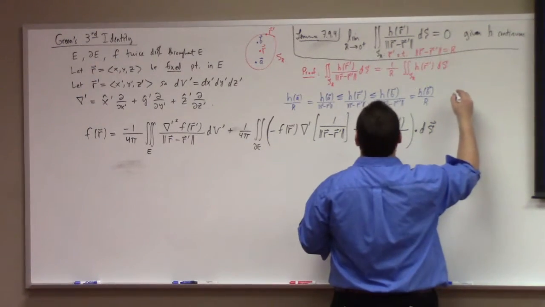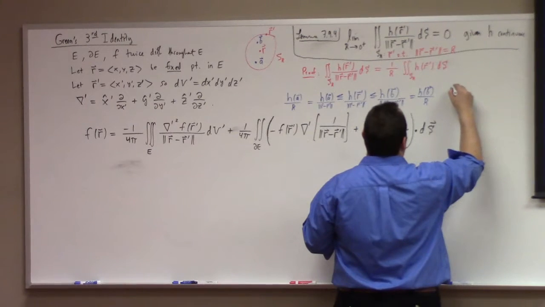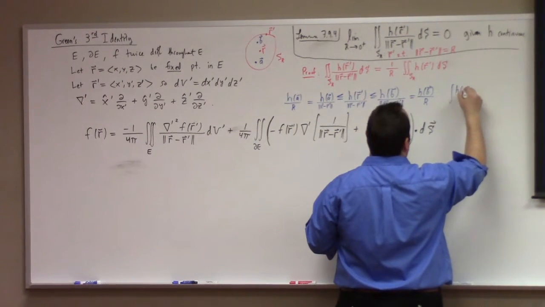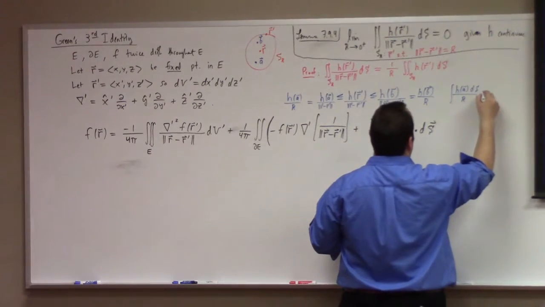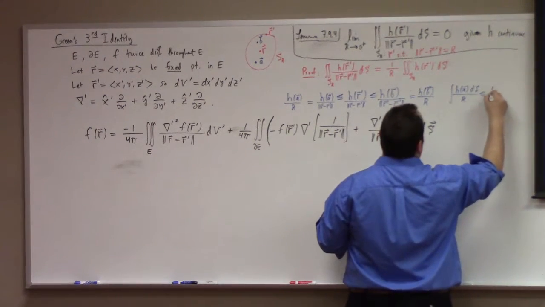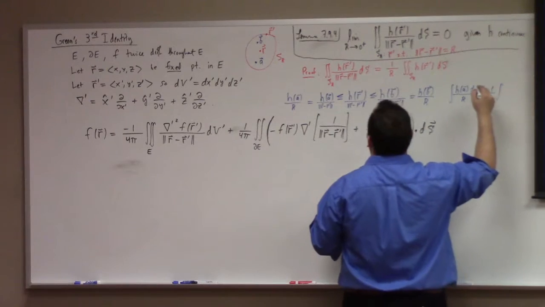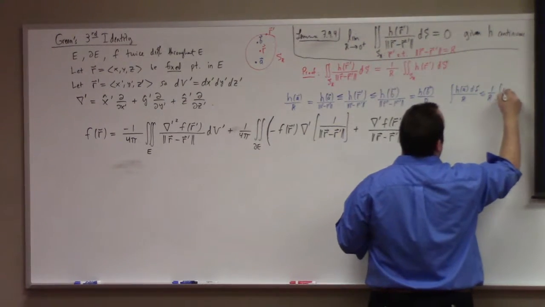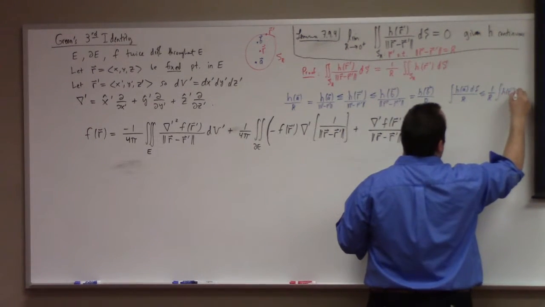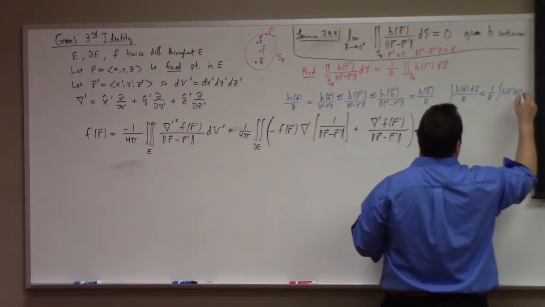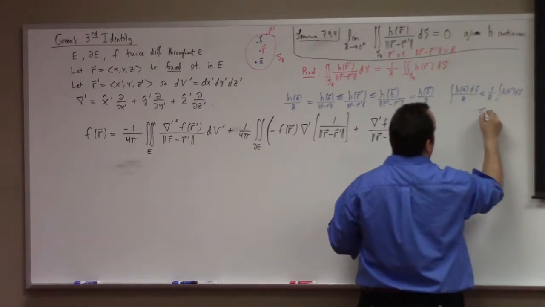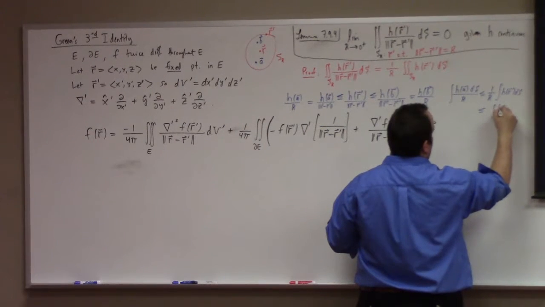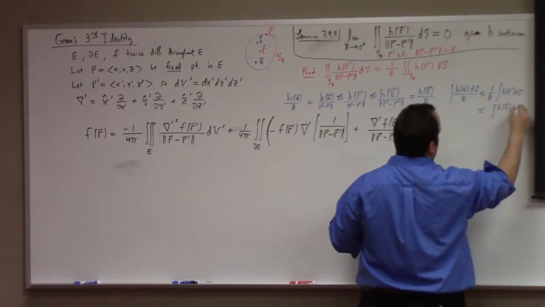So what that gives me is the surface integral of h of a ds over r, less than or equal to 1 over r times the integral of h of r prime ds, less than or equal to the integral of h of b ds over r.